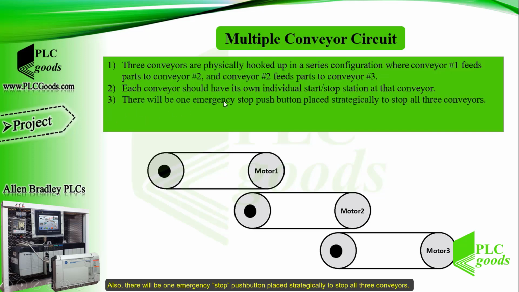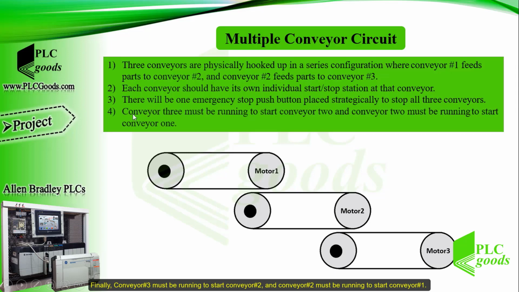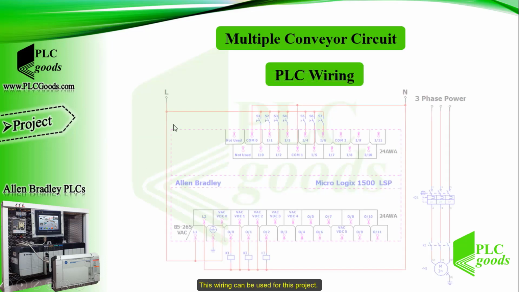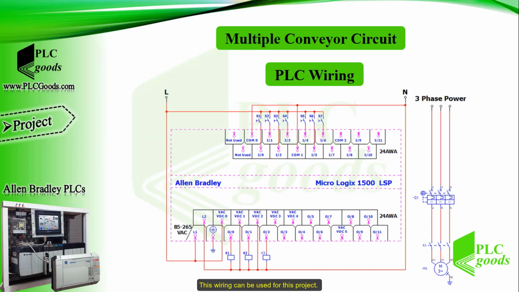Also, there will be one emergency stop push button placed strategically to stop all three conveyors. Finally, conveyor number 3 must be running to start conveyor number 2 and conveyor number 2 must be running to start conveyor number 1.